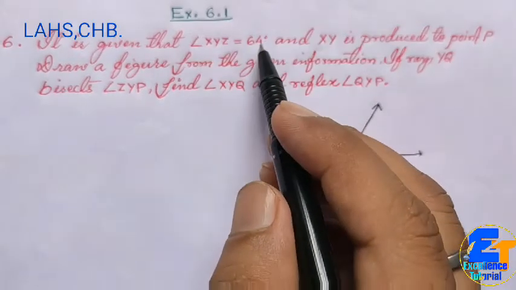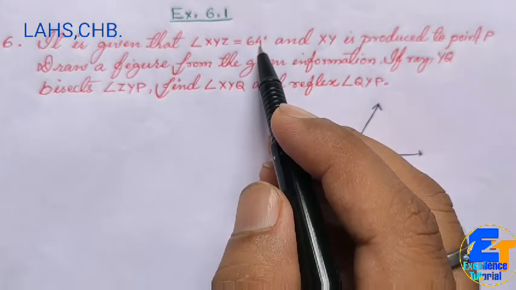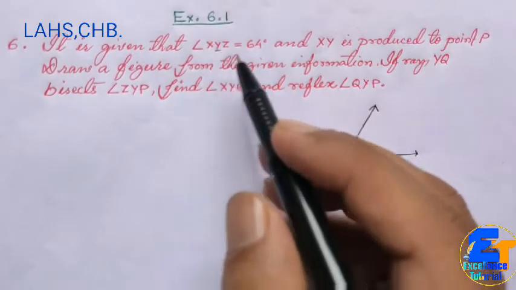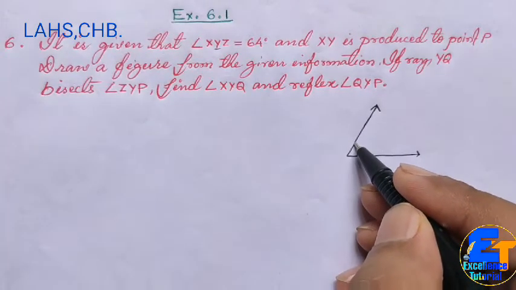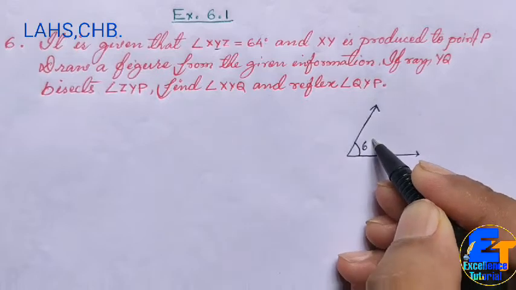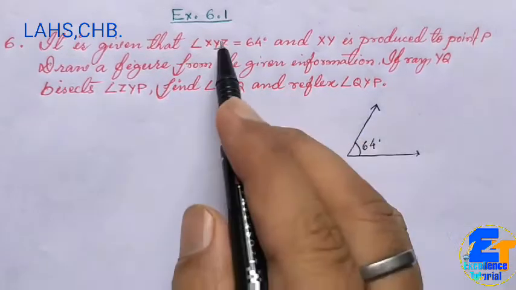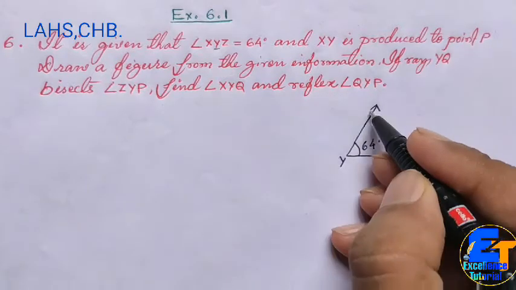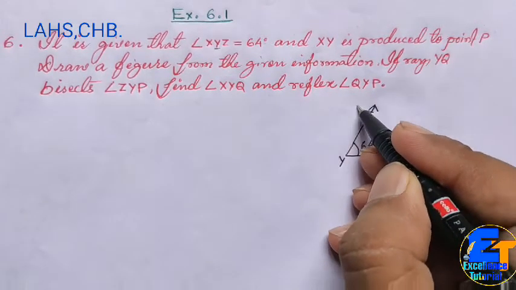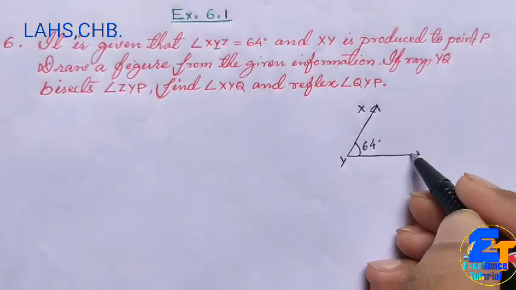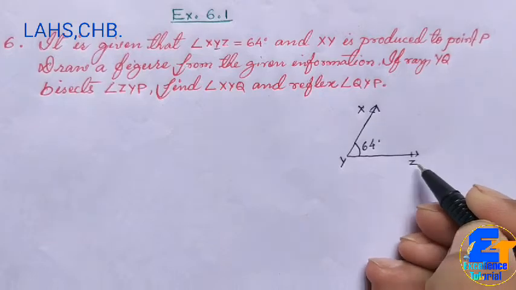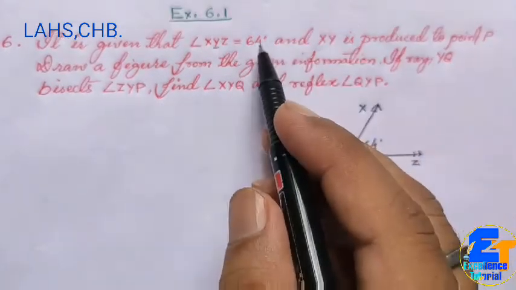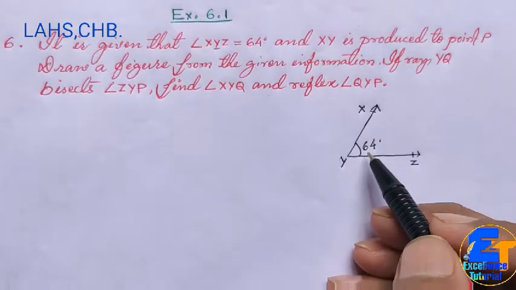This 64 degree angle is formed at which point? See the middle letter, at Y. So this is our angle of 64 degrees formed at point Y. We name it Y, here X, and here Z. Okay, we have already drawn this angle XYZ, and its measurement is 64 degrees.